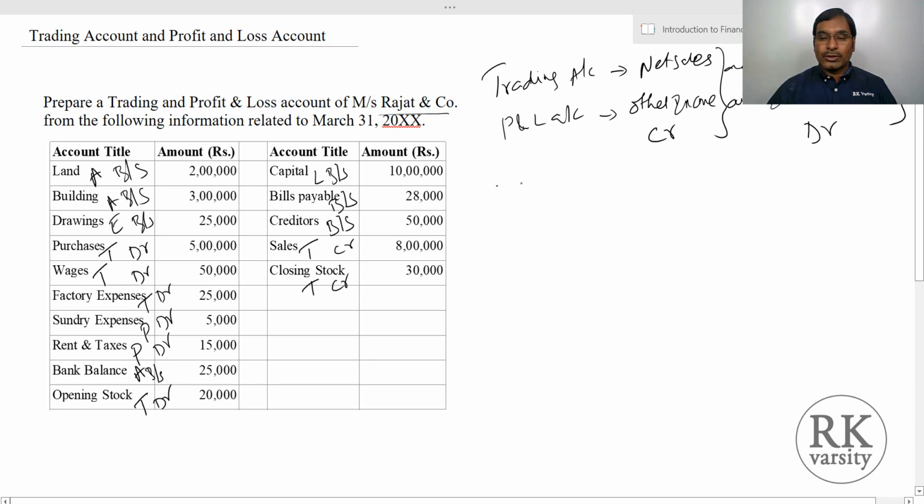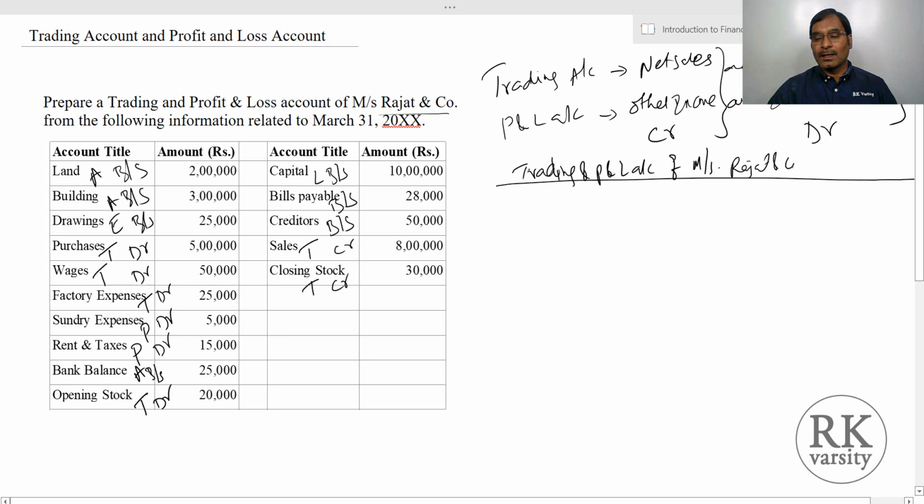So to get our trading account, we'll write trading and profit and loss account of Messrs. Rajat and Co. We also write year ended March 31st, 2021. Now we make this into a T account, two sides, debit side and credit side.